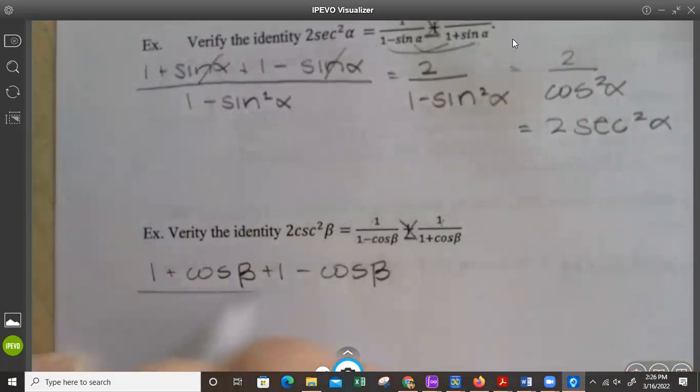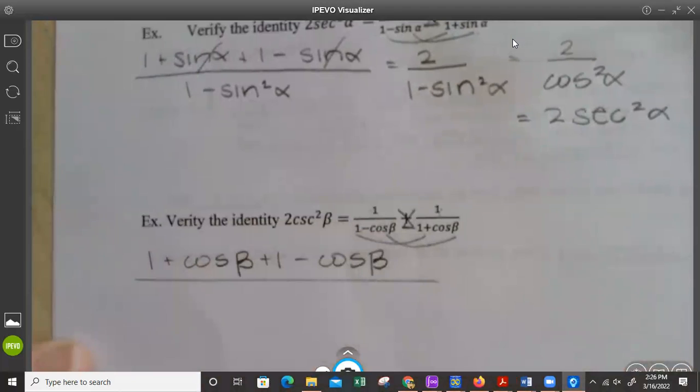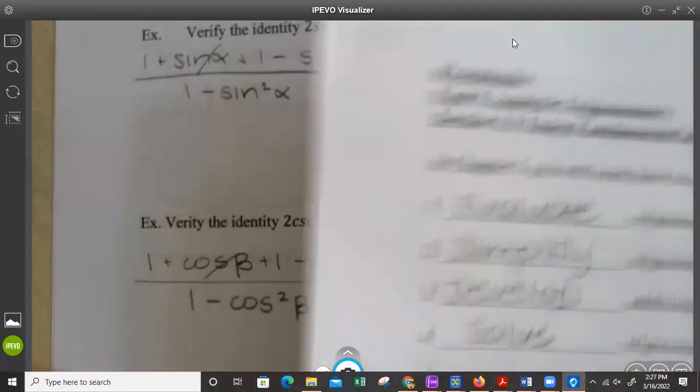Negative cosine. On the bottom, all we have to do is multiply the front and the back. 1 times 1 is minus cosine squared. What happens on the top? Look at this bottom. We're going to do it all at the same time.